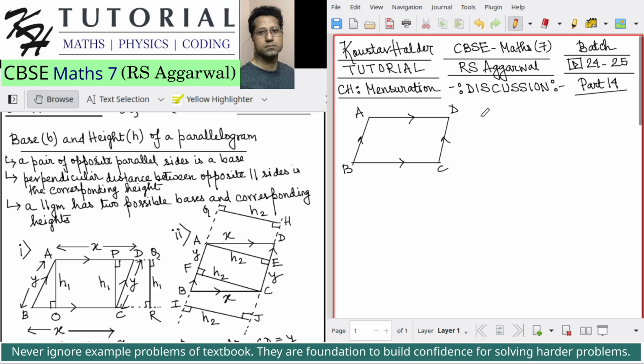So since in a parallelogram there are 2 pairs of opposite parallel sides, there will be 2 pairs of a base and its corresponding height.